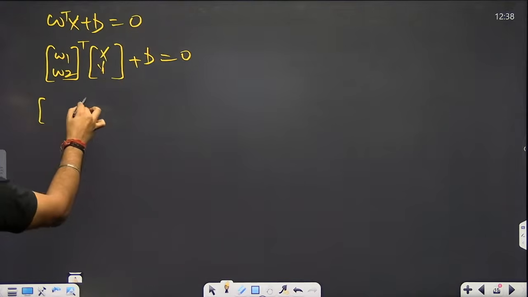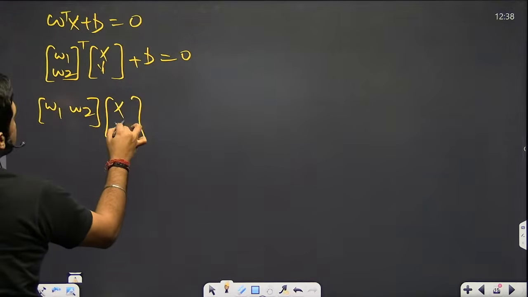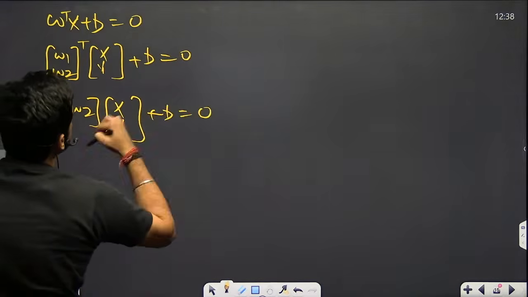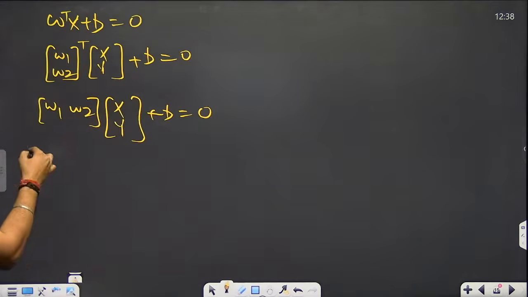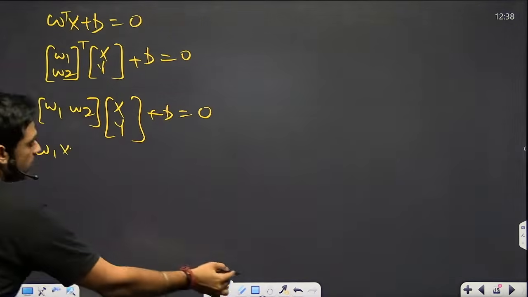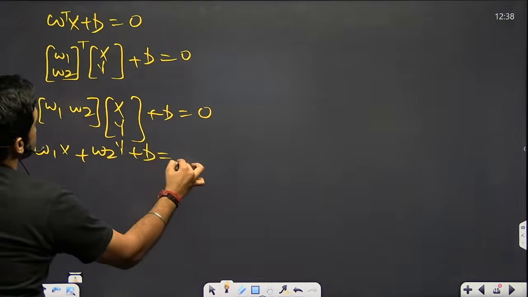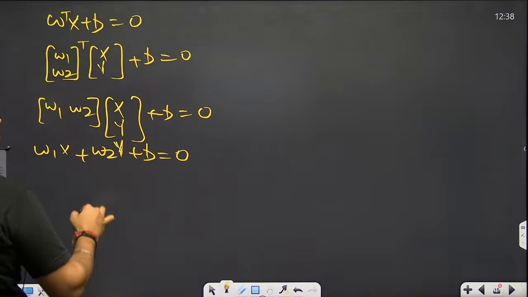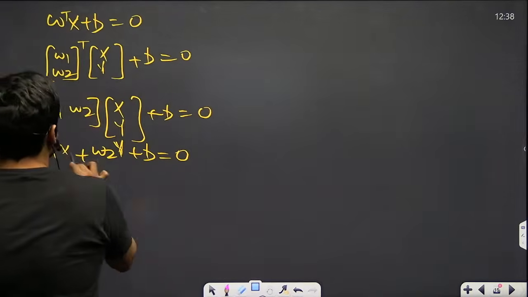So this would give me w1, w2, and here I have x and y, plus bias equals 0. So this is the main hyperplane equation: w1x plus w2y plus bias equals 0.